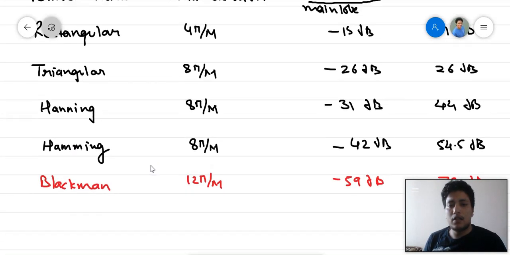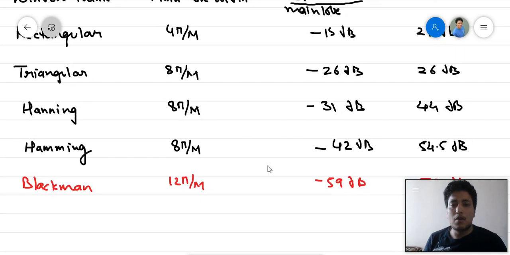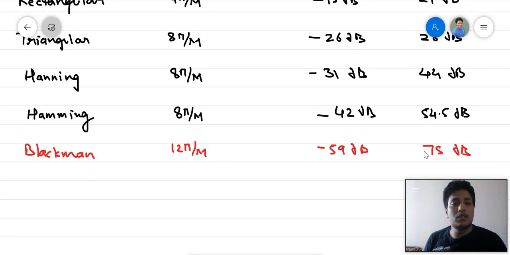One can see the main lobe width of the Blackman window is higher compared to the triangular, Hanning and Hamming windows, whereas the suppression of peak side lobe is highest for the Blackman window, which is minus 59 dB. Also, attenuation in the stop band is highest for the Blackman window, which is 75 dB. Now these two points are improved, but this is reduced.